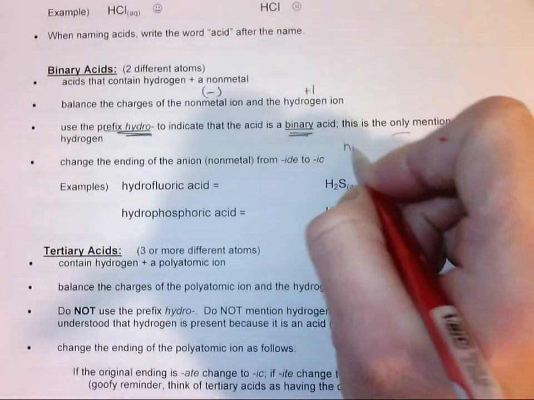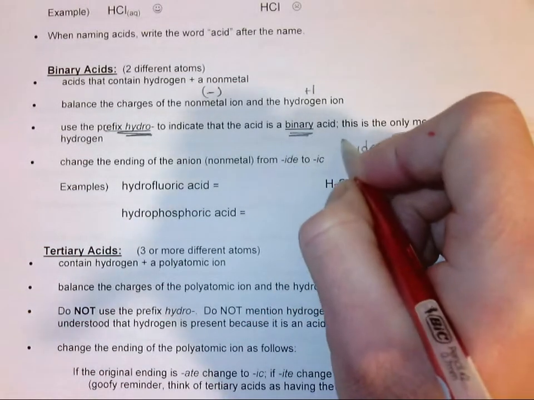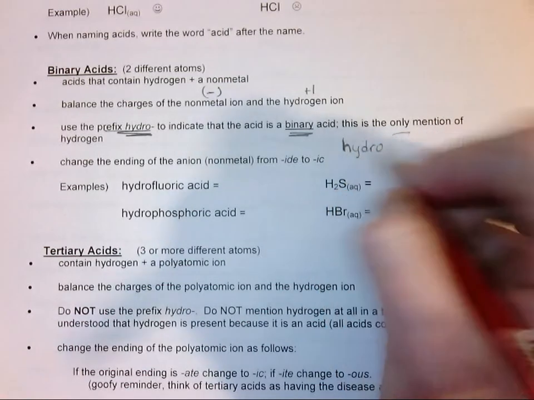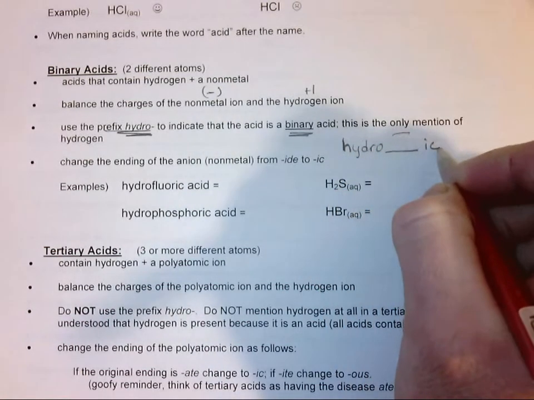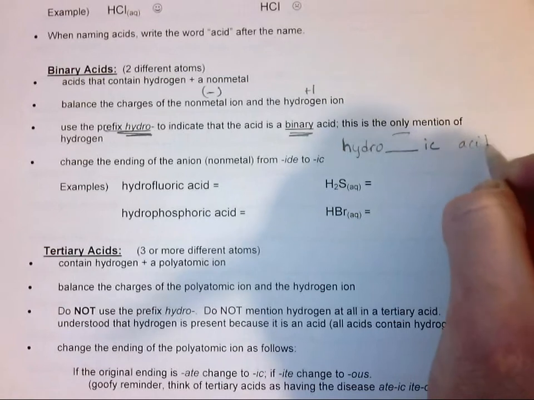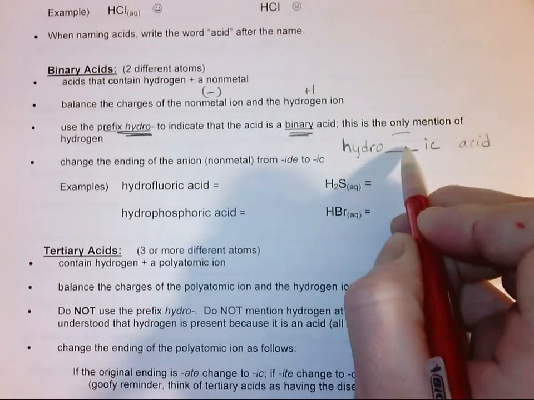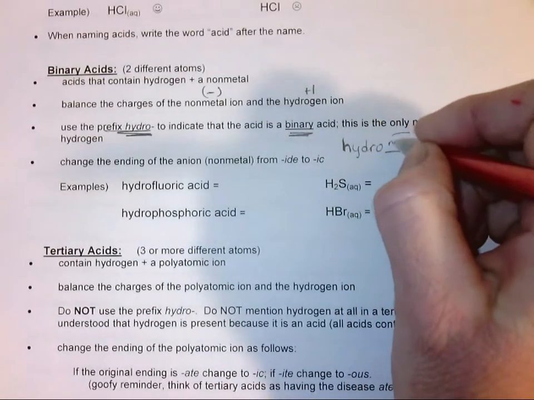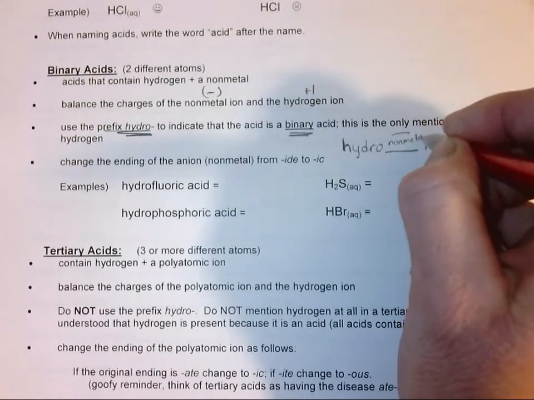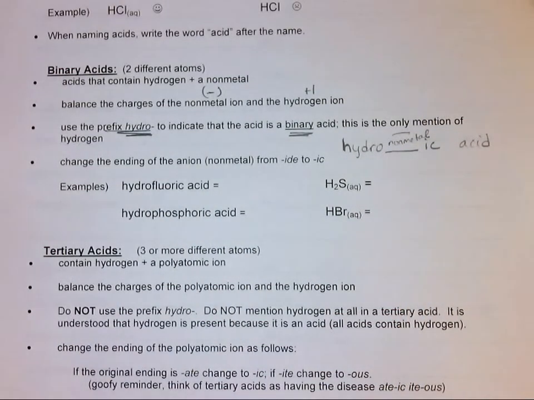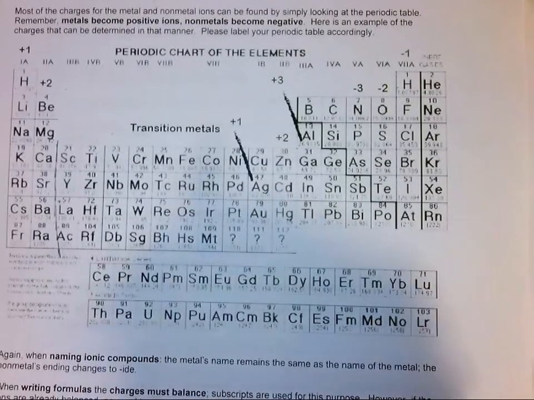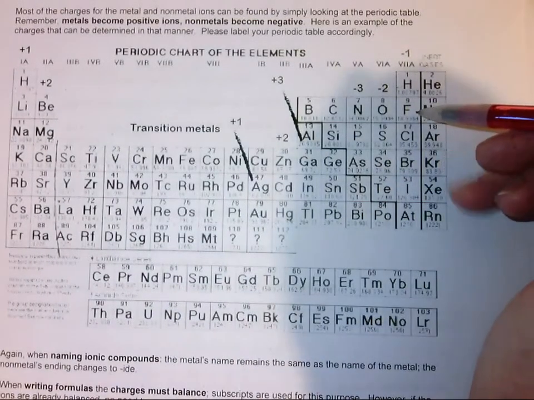So our binary acids are going to be hydro-something-ic acid. This something is the nonmetal. So now you can actually name these without ever really worrying too much about them.